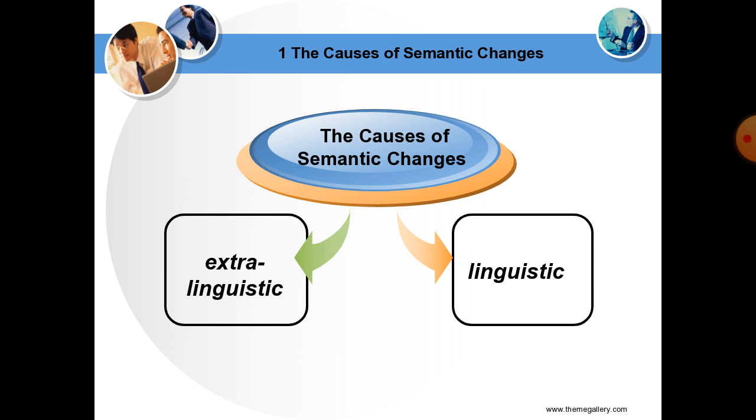The causes of semantic changes. Semasiology is the branch of linguistics which studies the meaning of words, called semantics. The meaning of a word can change in the course of the historical development of language.